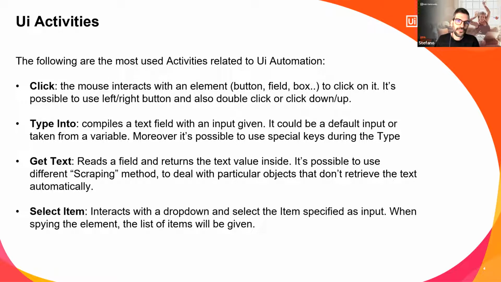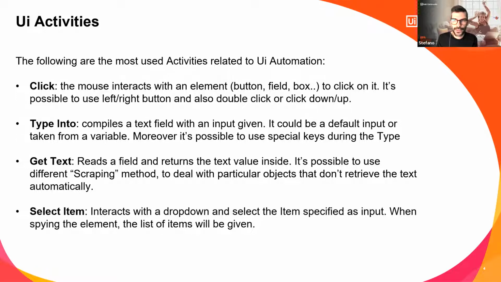Finally, this is just an example of four, but there is also the select item activity, which is quite used, and it's used to interact with a drop-down item and select the item that you can, for example, give again as an input by default or take it from a variable.